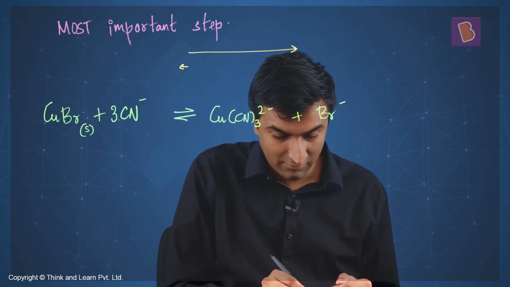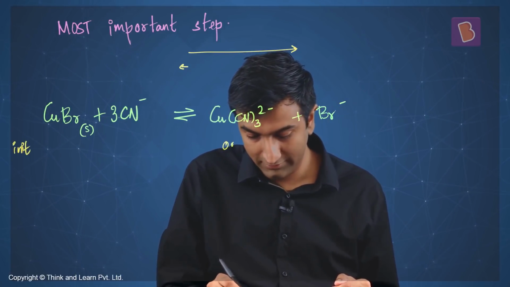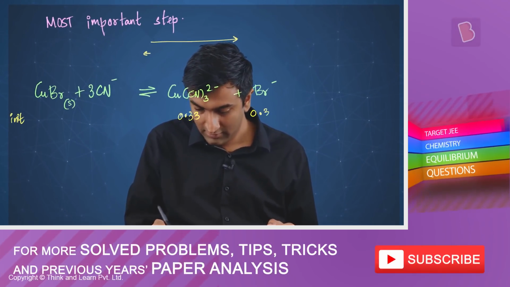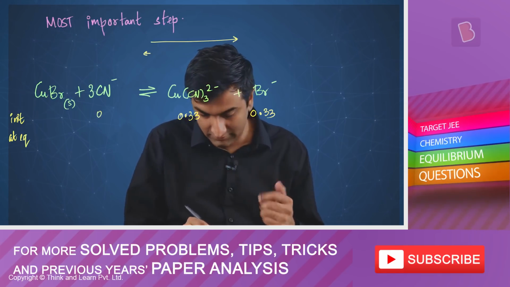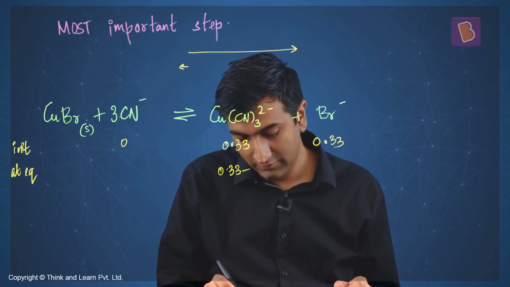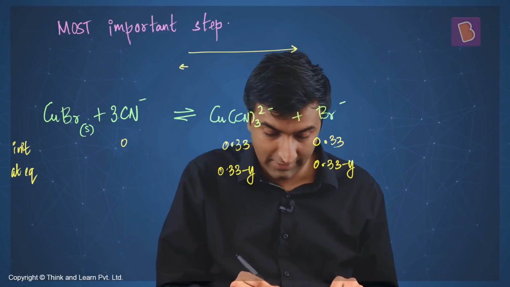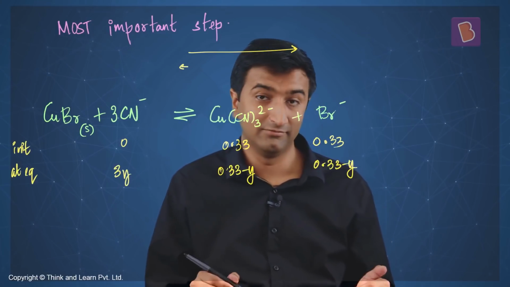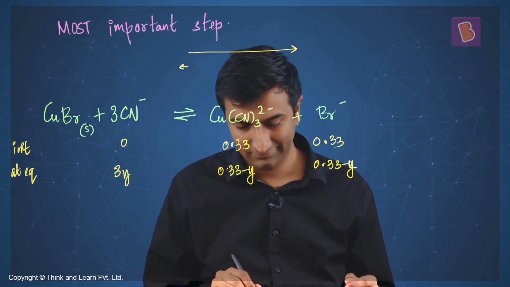All right, so now the new initial value, so to speak, is going to be 0.33 and 0.33, and there's none of this initially. At equilibrium, what happens? I'm going to use a different variable here. Say y of this gets used up. Same amount of Br minus gets used up. 3y gets formed. Be careful here. Don't write y. It's 3y. Look at the stoichiometry.